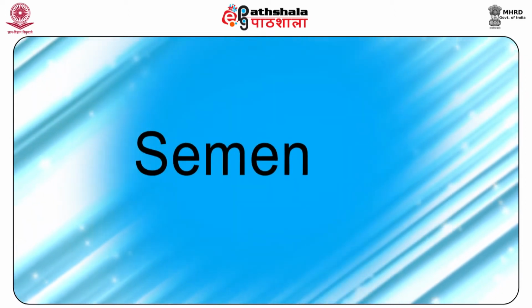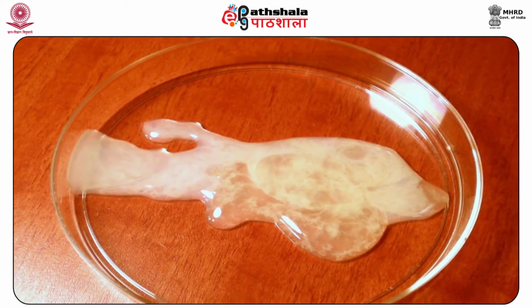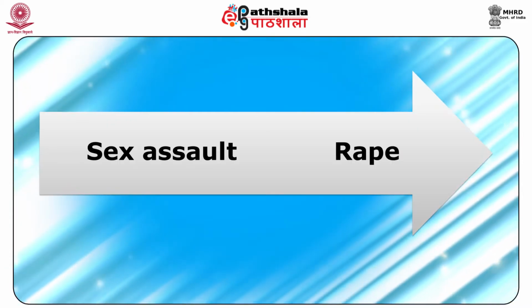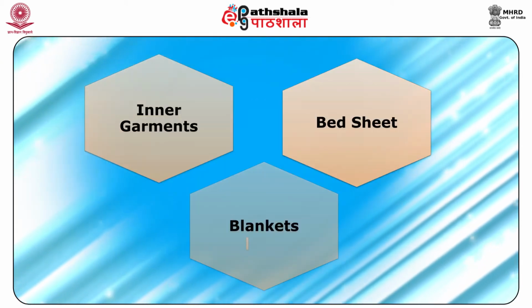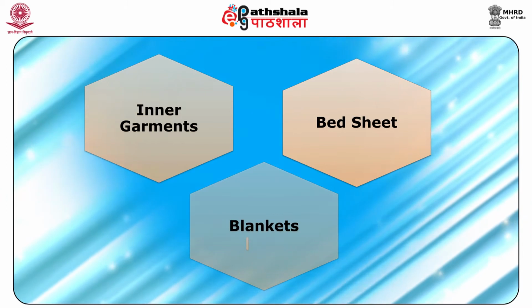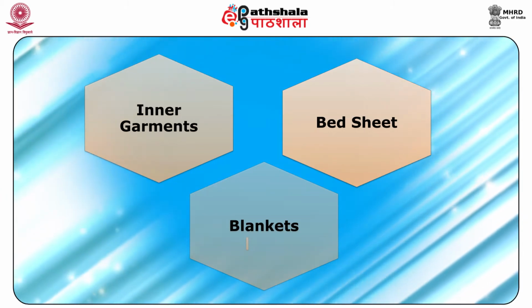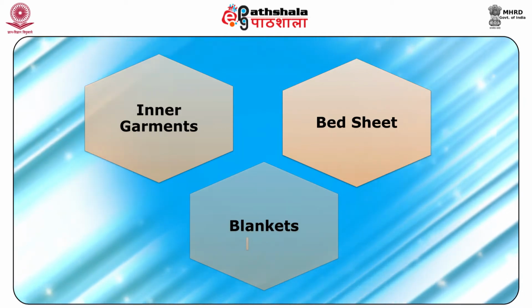Next is semen. It is found to be white or yellowish stretchy fluid of the body. Semen is mainly found in the cases of sex assault, rape, etc., on inner garments or clothes of victim as well as accused, bed sheets, blankets, etc. Semen is also considered as evidence, and all suspected places on the cloth should be checked.